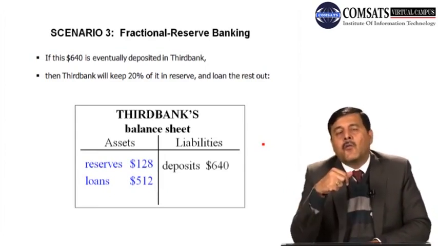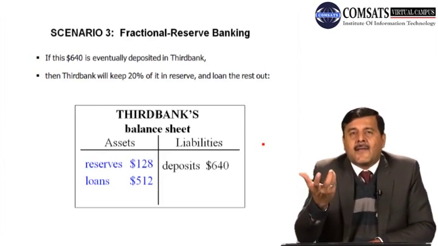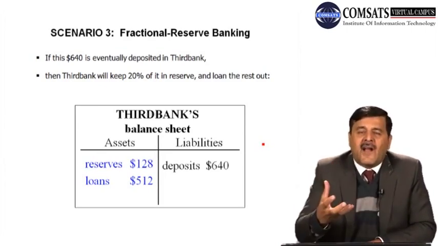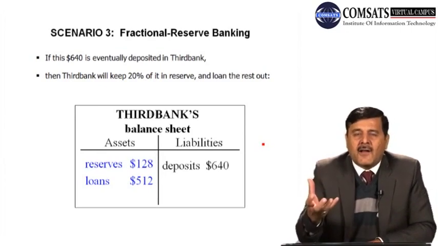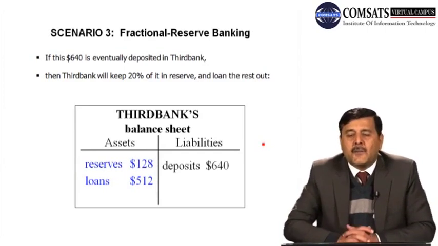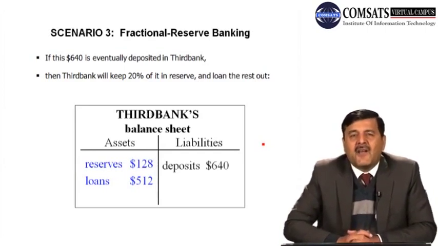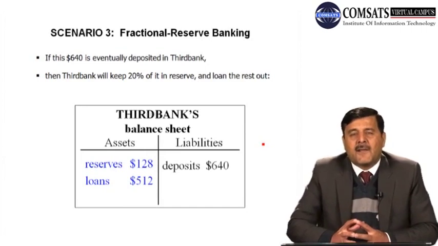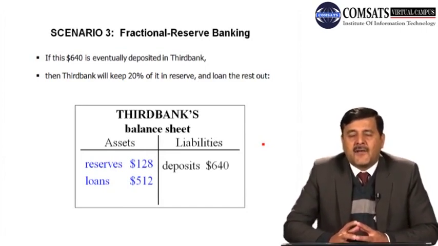Now what does the second borrower do with the $640? He brings that money which he borrowed from the bank and puts it in a third bank, right? He deposits that money into a third bank. Then the third bank will keep 20% of this deposit. Now how much is 20% of $640?